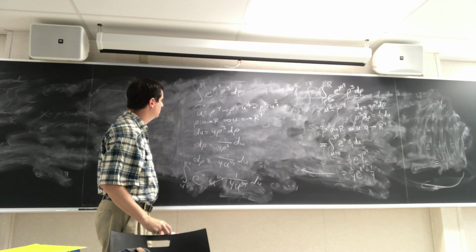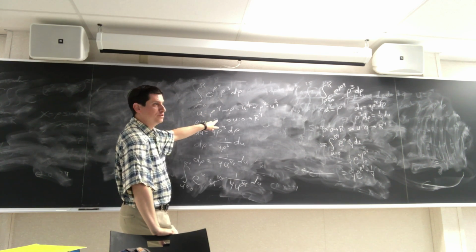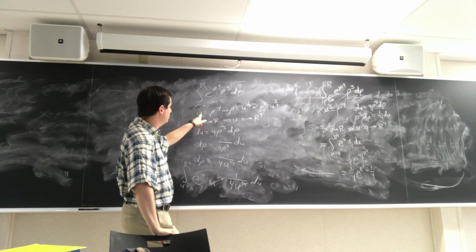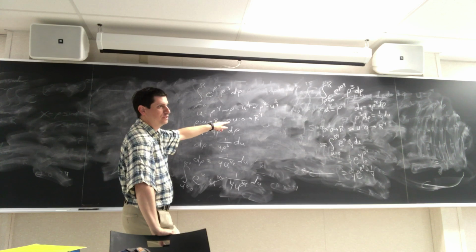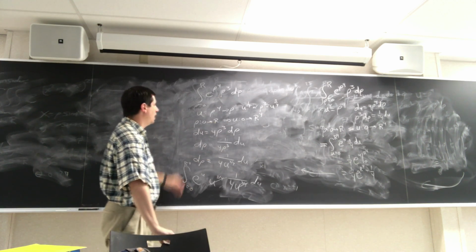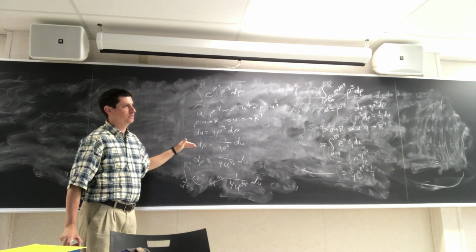Why did you switch from 0 to 4 to 0 to r to the 4th? Well, see, u is rho to the 4th. Rho goes from 0 to r. So since u is rho to the 4th, 0 to the 4th is 0, r to the 4th is r to the 4th.